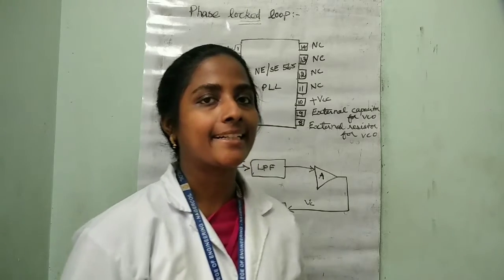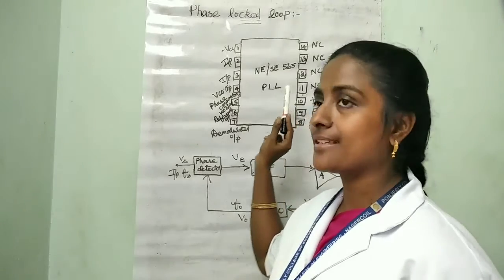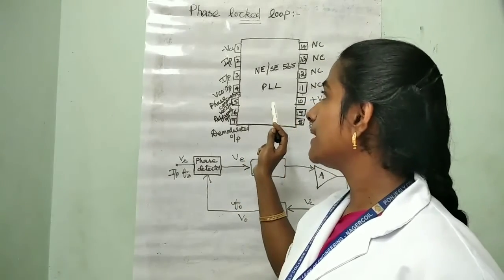This is the pin diagram of the phase locked loop. NE565 is the IC for the PLL.